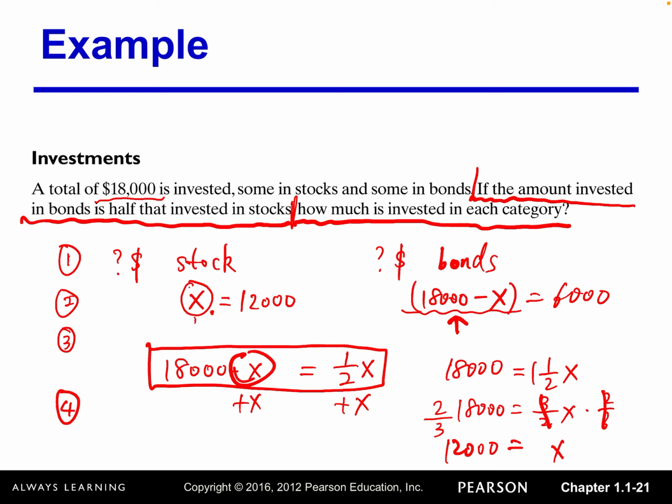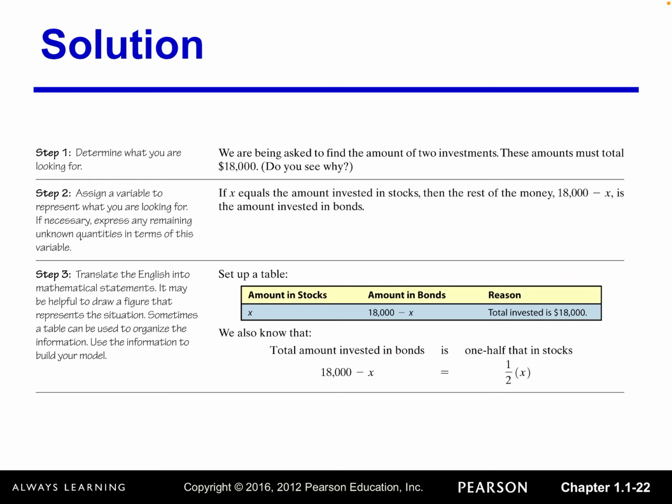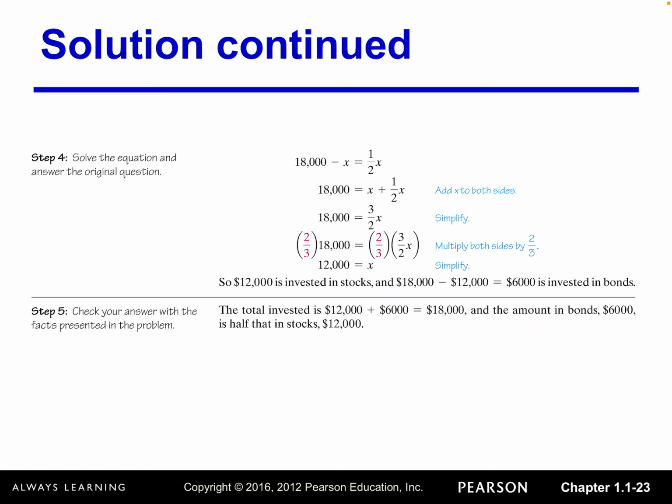Invest $12,000 buying the stocks, and invest $6,000 buying the bonds, and the amount of money buying bonds is 1/2 of the money buying stock, right? That's exactly what we got. All right, so the next slide is showing the details step by step. It's pretty much the same as what I just showed you. All right, that's chapter 1, section 1.